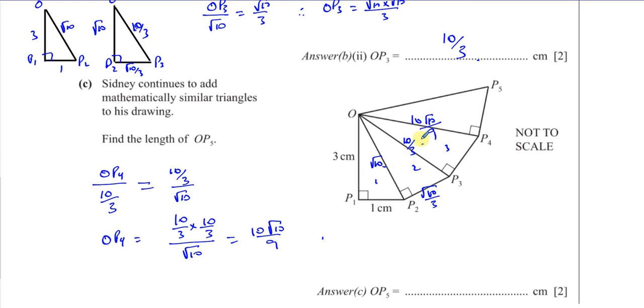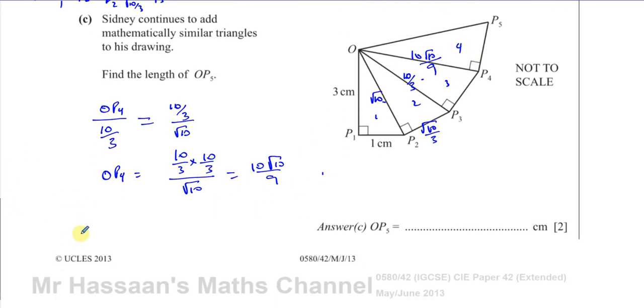So we can continue the same pattern and work out what OP5 is, because this is triangle 4, let's say. So the hypotenuse of triangle 4 divided by the hypotenuse of triangle 3. OP5 divided by 10 root 10 over 9 gives me the same ratio as this shorter side of triangle 4 divided by this shorter side of triangle 3.